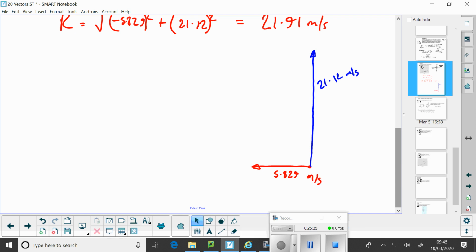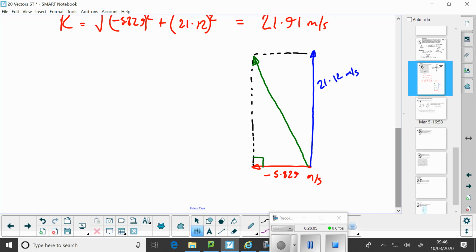Now our resultant, we complete the parallelogram, goes in here, and there's our right angle triangle. I can put minus on if you like, it doesn't really make a difference.